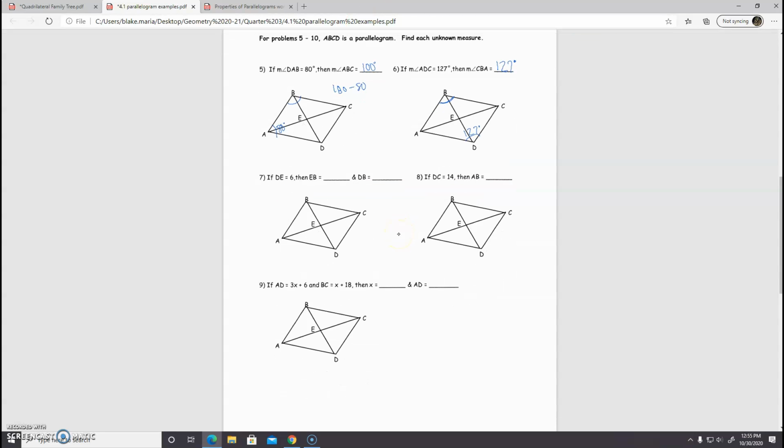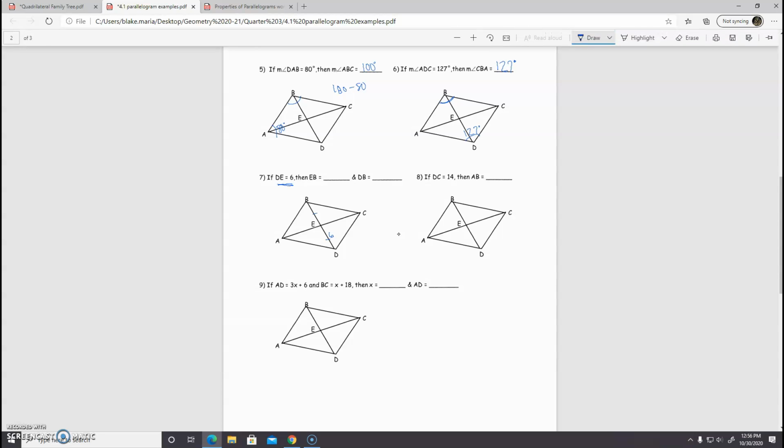This one, DE, is actually not an angle. This is a line segment, and it is 6. They want to know what EB is. Remember, diagonals bisect each other, so this piece is the same as this piece. If this is 6, EB is 6. DB is 6 plus 6, which is 12.